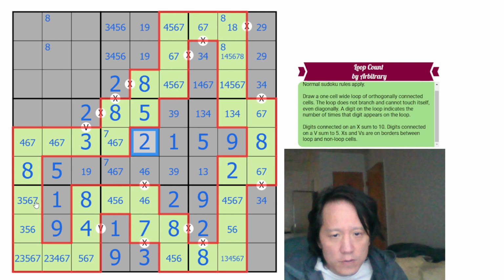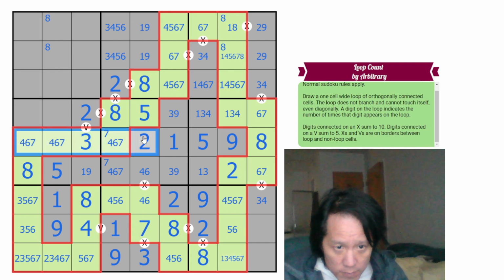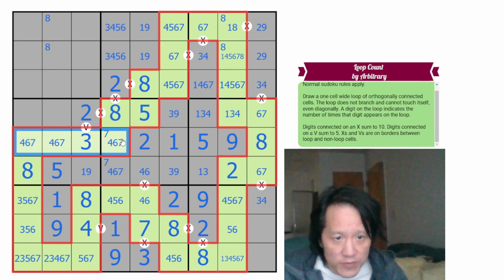Let's see. One of these two. We have a 1 7 amongst box 4 and 5, right? Because only one of these can be 7.